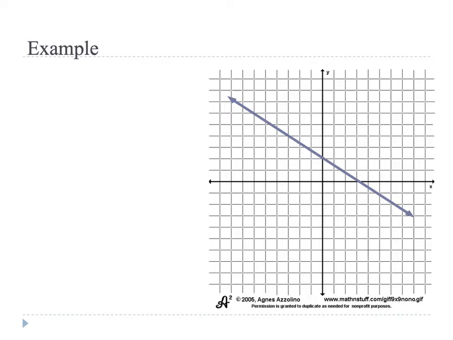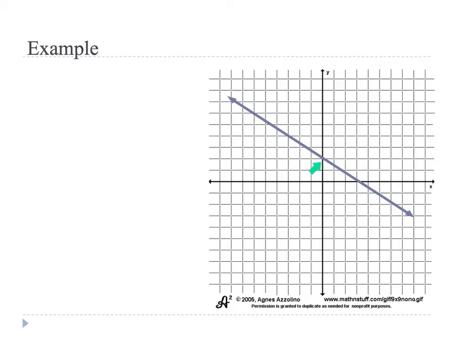Alright, so here we have a graph of a line. As we said, we need two things from this line. We need a point on the graph, so I'm going to follow my graph until I see where it intersects at a point. Going down it, there's a lot of different points we can choose. It doesn't matter which point we choose, but we need one point that falls at an intersection.